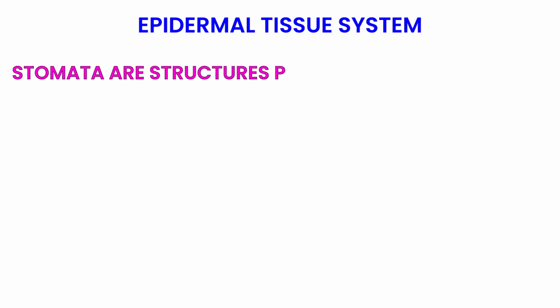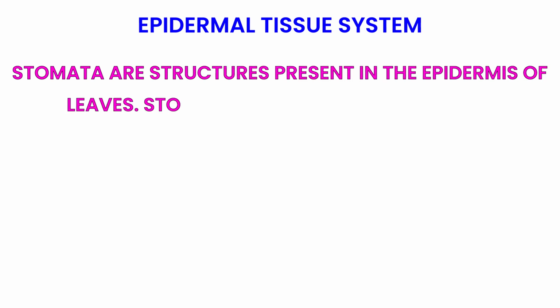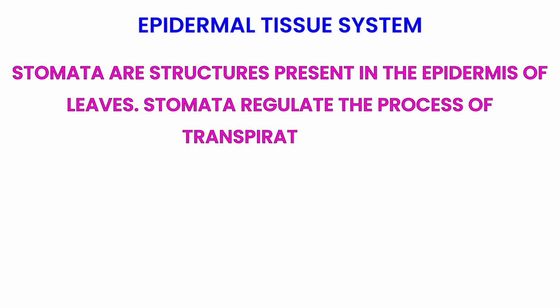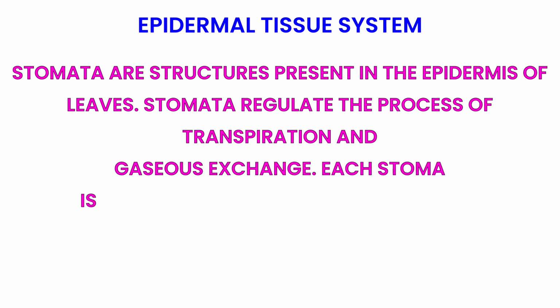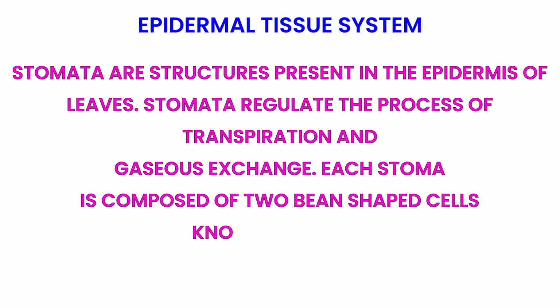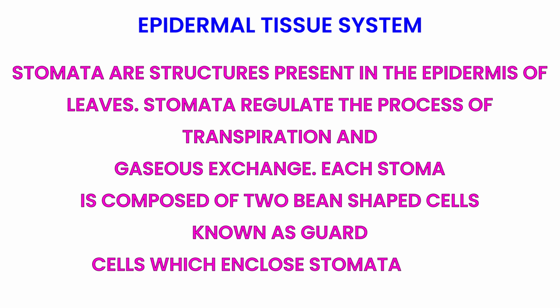The stomata, the structures which are present in the epidermis of the leaves, regulate the process of transpiration and gaseous exchange. So two things, transpiration and gaseous exchange. Each stoma is made of two bean-shaped cells called guard cells, which enclose a stomatal pore.